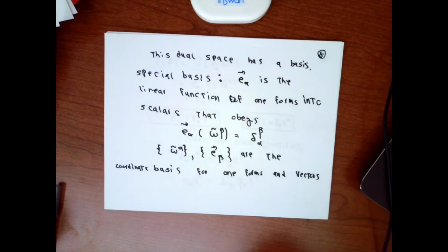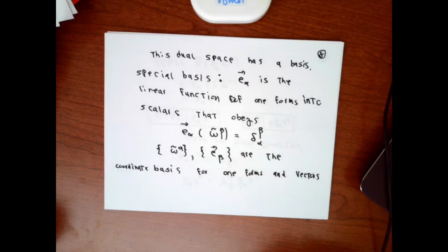We have to have a basis for the space of vectors, so we'll define it in the way that we did in the first semester, except the other way around. E alpha is going to be that special vector, that special function of one forms into scalars that does this.